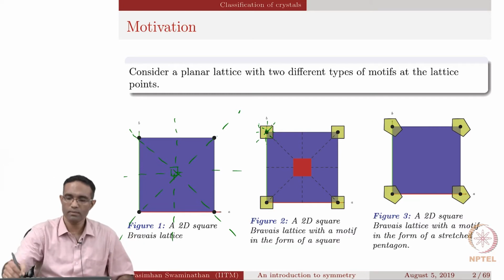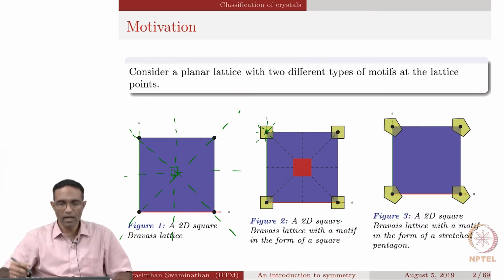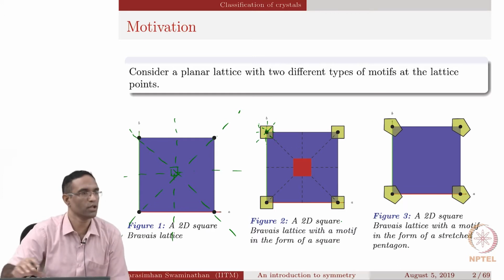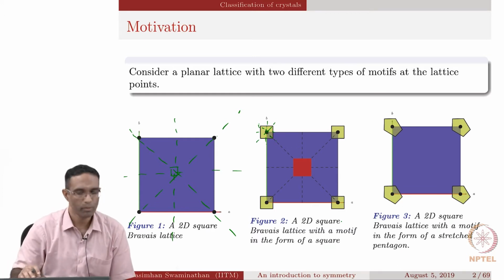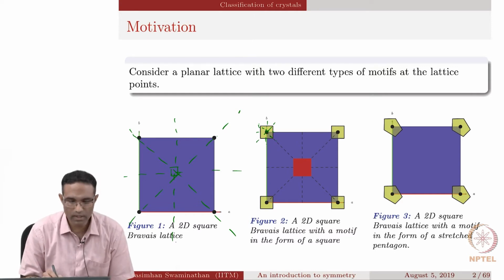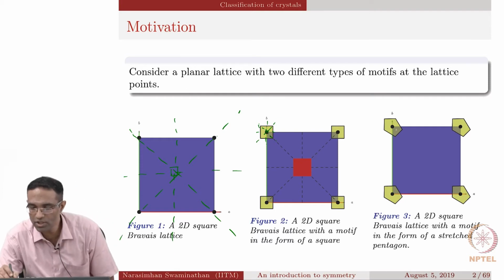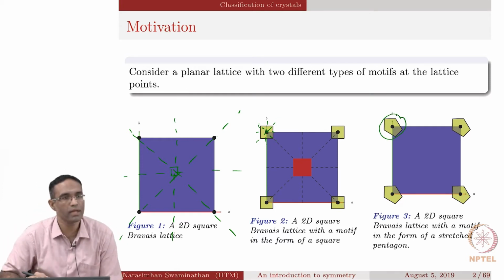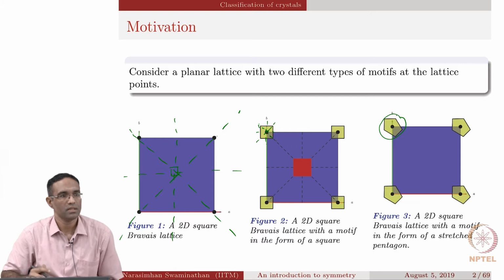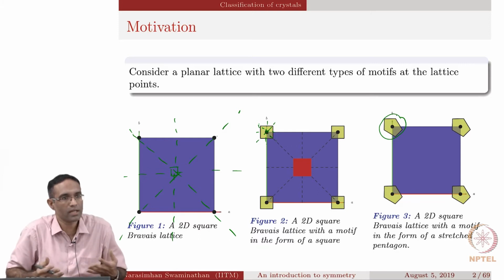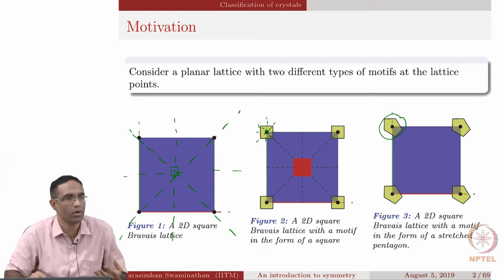And I am putting that at each of the 4 corners. And now again, this crystal, the 2D crystal that I have, possesses the same symmetry of the lattice, right? However, the second I change the motif that I am putting at the lattice, the symmetry of the underlying crystal is no longer what it was.